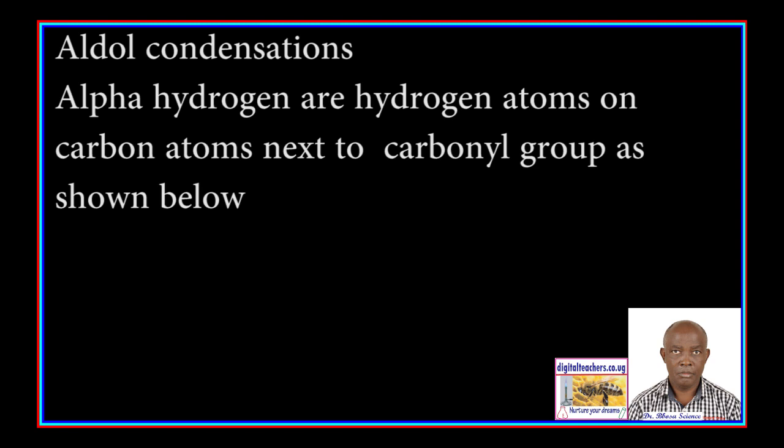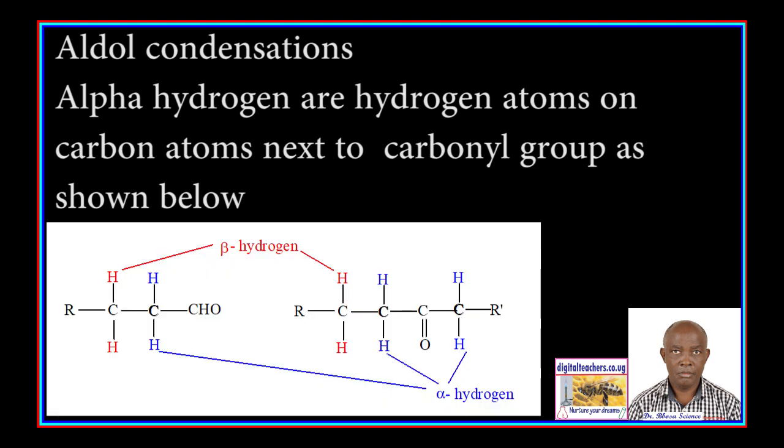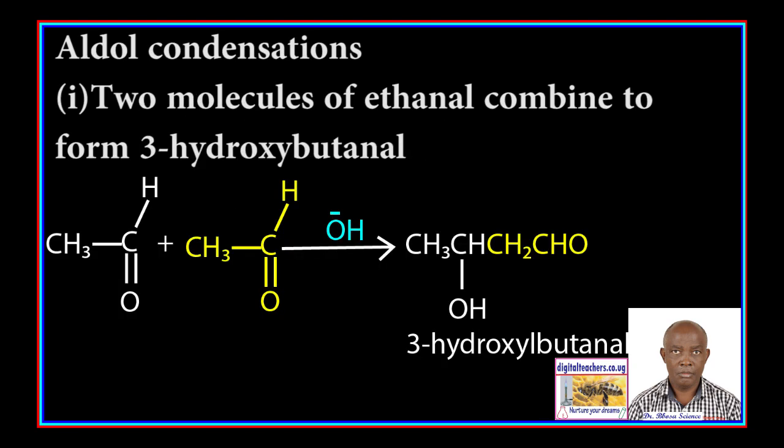Alpha hydrogens are hydrogen atoms on carbon atoms next to the carbonyl group as shown below. Two molecules of ethanal combine to form 3-hydroxybutanal as shown below.